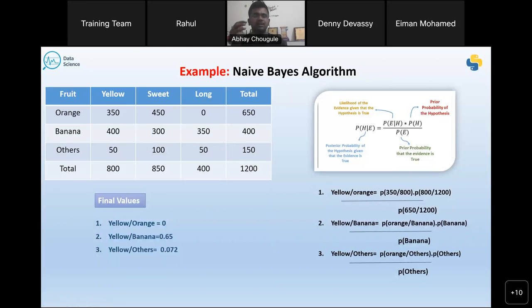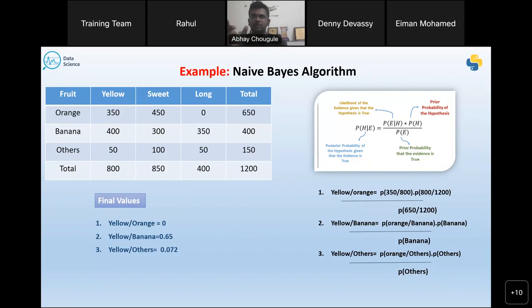Now yellow is giving 0.65. Who is big among the three categories, yellow orange, yellow banana, yellow others? Yellow banana is big, no? Similar kind of answer you will get for sweetness and for long, and make a sum of 0.65, and sweet banana you will get something like 0.2.